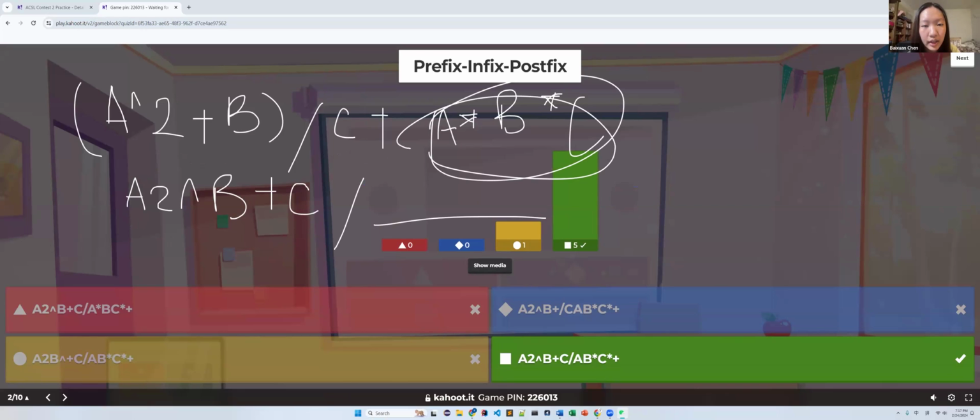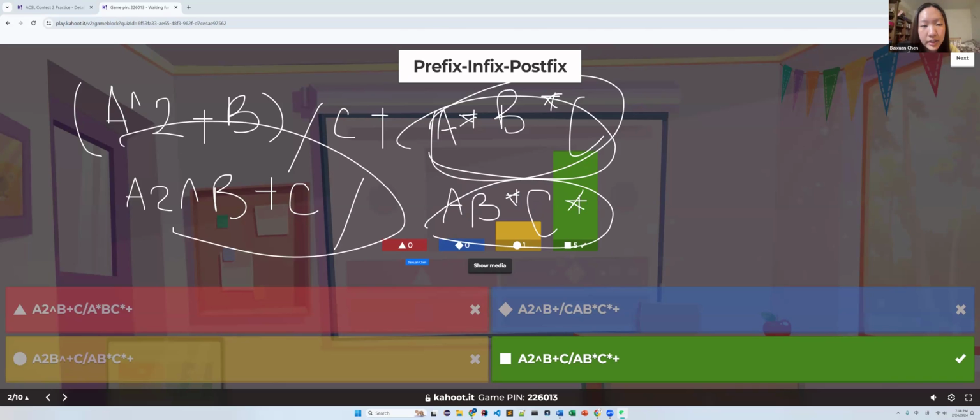So what is a times b times c? First we have a times b, and there's a times in the middle, so it'll turn into ab times. And c is the next operand, so this is a new operand. We have two operands with an operator in the middle, so we move the operator to the back. So it'll be ab times c times. And then this is the new operand, and we have this one, and we're adding them together.